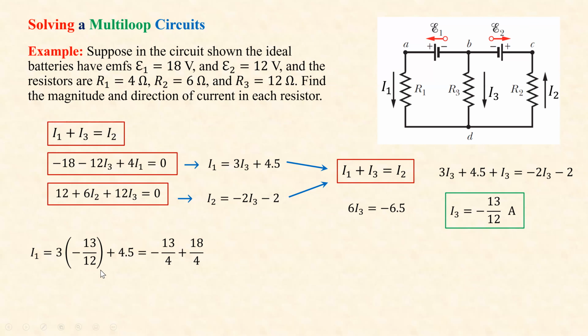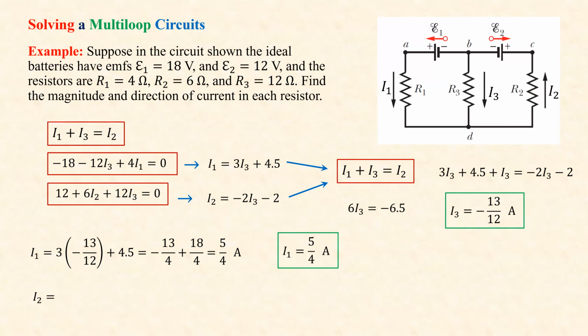Becomes this way, and then becomes 5 over 4 amps. So I1 is 5 over 4 amps, and it is positive, which means that the direction that we chose was correct. So I1 is 5 over 4 amps, which is 1.25 amps.